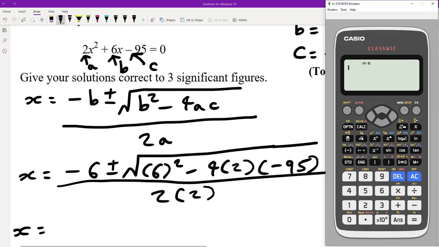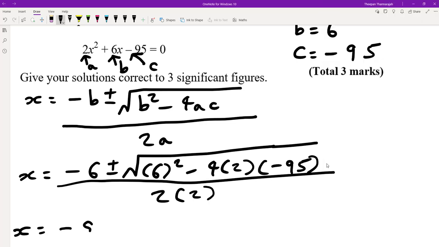We can type that straight into our calculator to find the solutions. So we're going to get the fraction button, minus 6, start with the minus first, square root of 6 squared minus 4 times 2 times minus 95 over 2 times 2, and that will give me minus 8.55 to 3 significant figures.